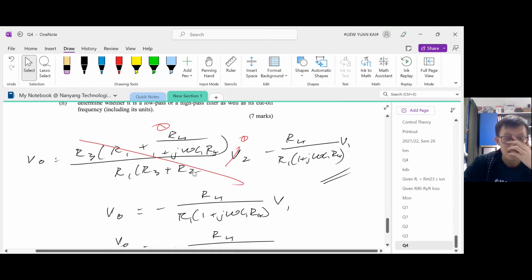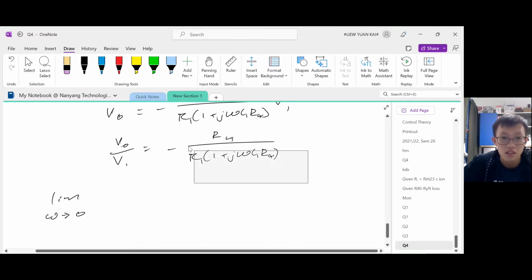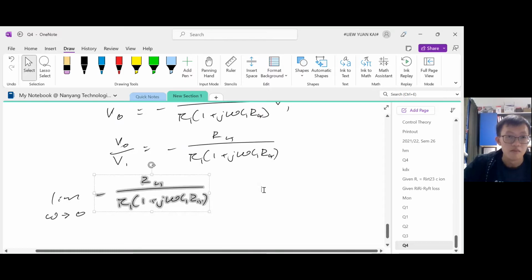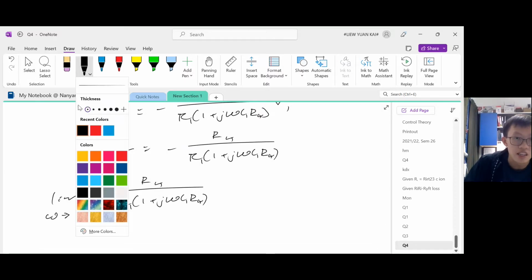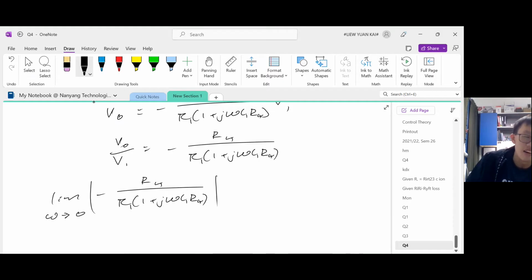Okay. Determine whether it's a low pass or high pass filter. To do so, you must take the low frequency limit of this expression. More specifically, you can just take the modulus. You see this negative sign outside? You can get rid of it by taking the modulus. Why did we do that? It's actually not arbitrary.